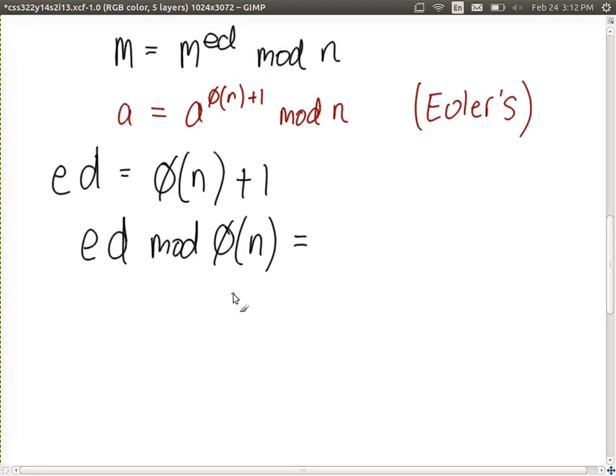It's always one remainder. So the totient of n plus 1 mod the totient of n will be 1. So we can say, under what conditions does RSA work? Under the condition that E times D, those two values we use, equals the totient of n plus 1. Or, another way to think of that, E times D mod the totient of n equals 1.